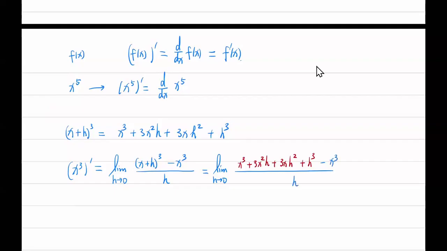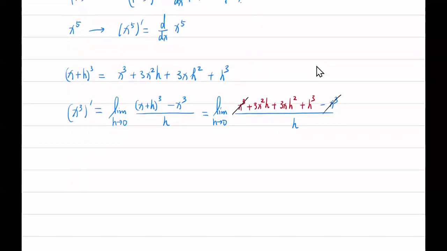Then we do some cancellation. This one cancels with the first term. What's left is this one over h with 3x squared. Then we take a limit.